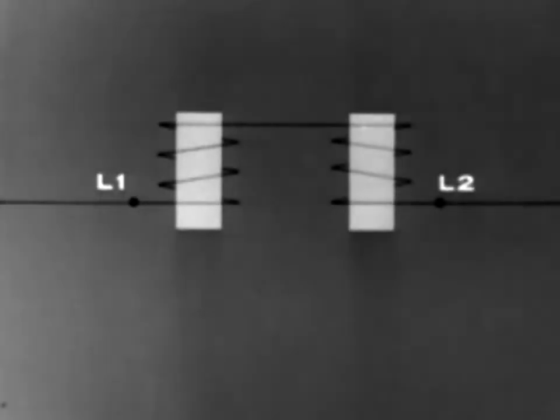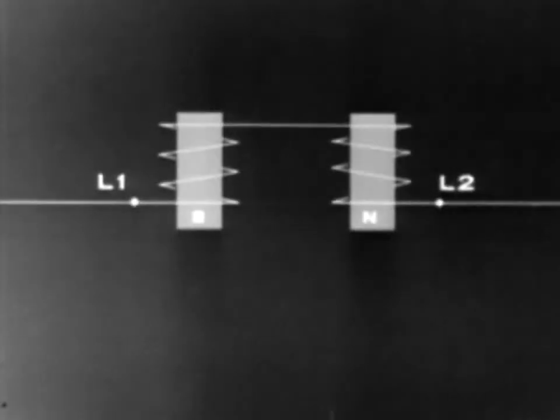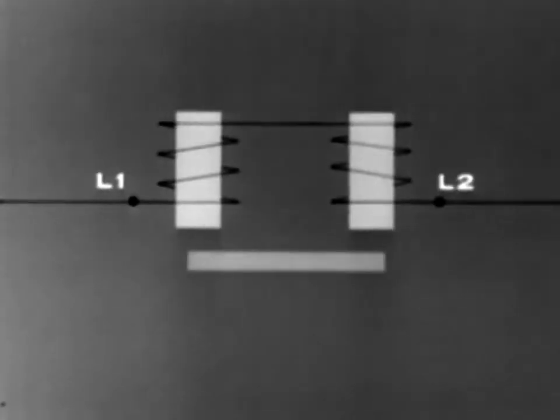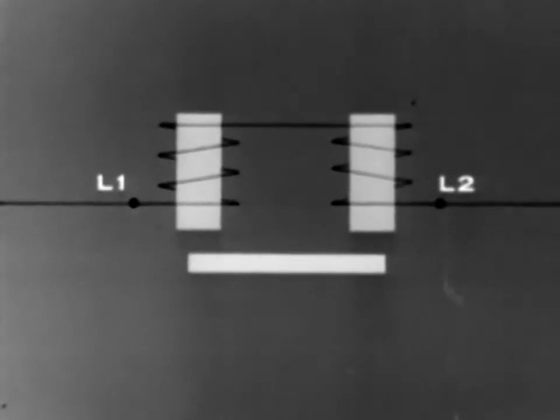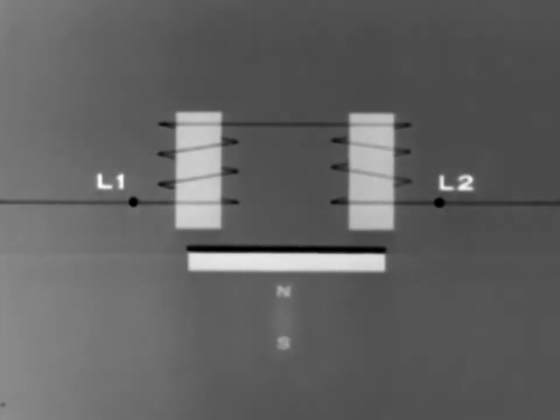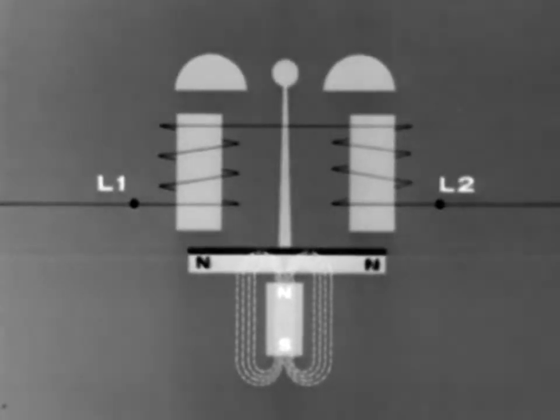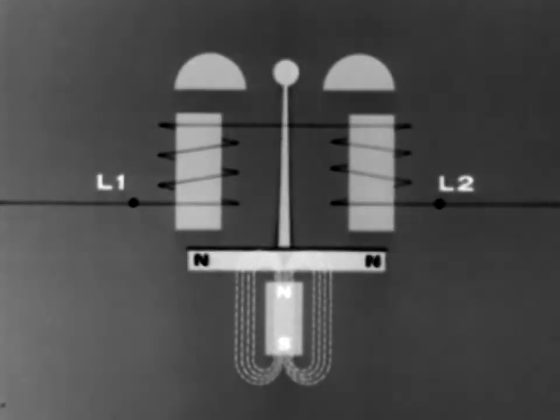The telephone ringer works on the principle of electromagnetic attraction and repulsion. When two soft iron cores are wound oppositely with wire, they become electromagnets whose polarity will change as the current in our line alternates. If we introduce a soft iron armature near the base of an electromagnet, and then introduce a permanent magnet to polarize the ends of the armature, an unstable condition will exist when current flows.